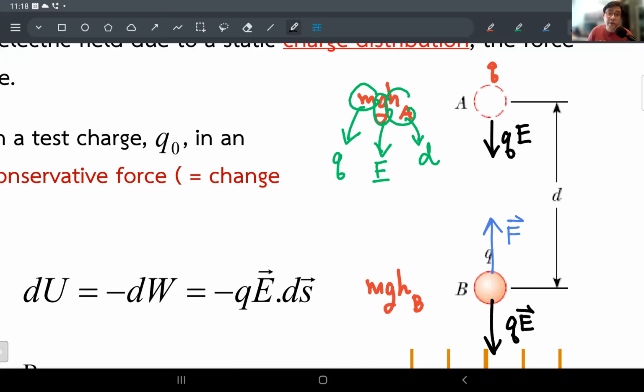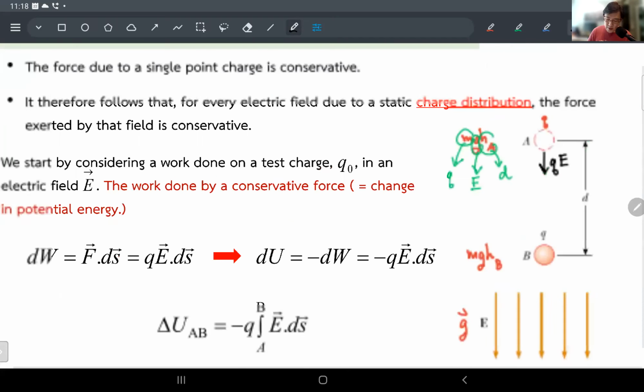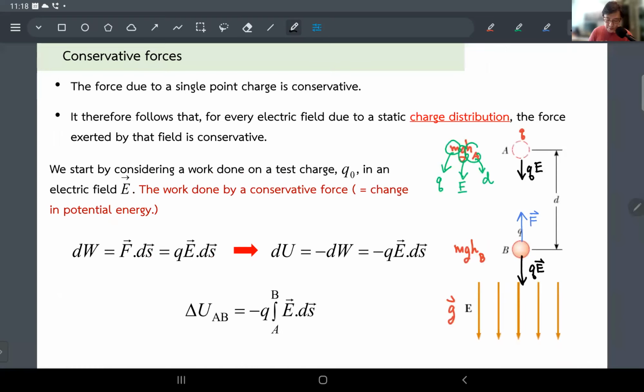How much work am I doing? Of course, the work that you are doing is going to be, let me zoom it out first, F dot delta S. And let me call this W external, because that's what I am doing.